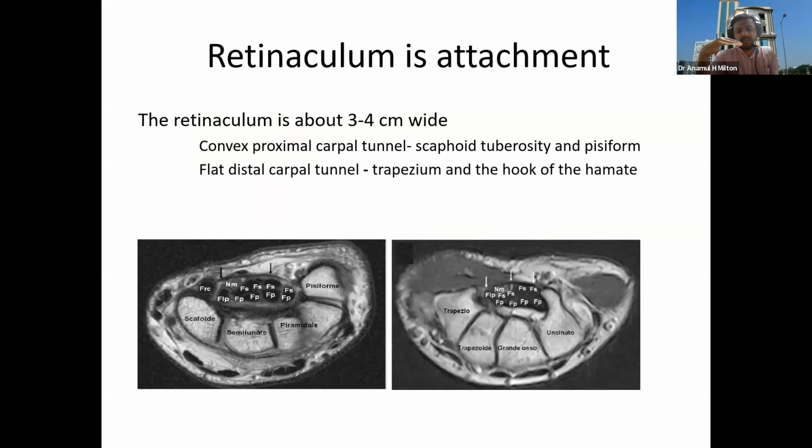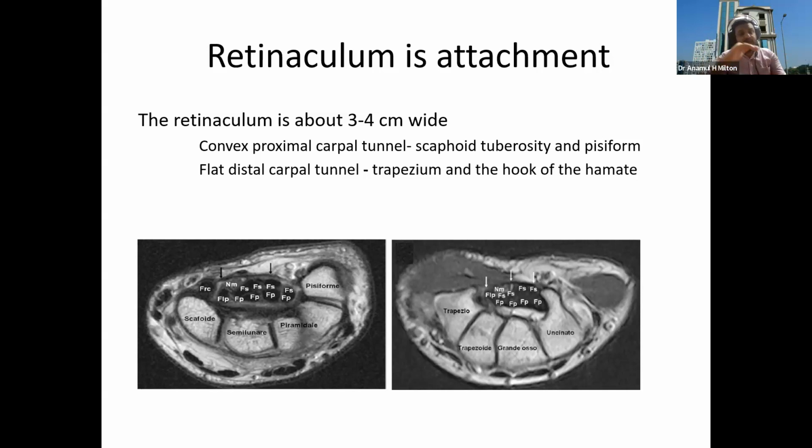One is proximal and one is distal. The proximal attachment is convex, and it is attached to the scaphoid tuberosity on one side and the pisiform on the other side. The total width is 3 to 4 centimeters.